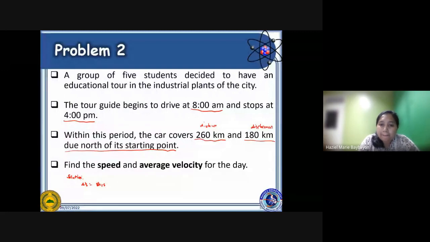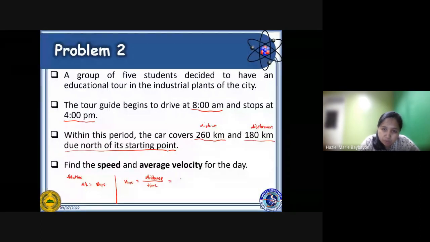Now, we are asked to find the average speed and the average velocity for the day. So, this will be very easy lang. Okay, we are given the distance and the displacement. So, average speed is equal to distance divided by time interval.